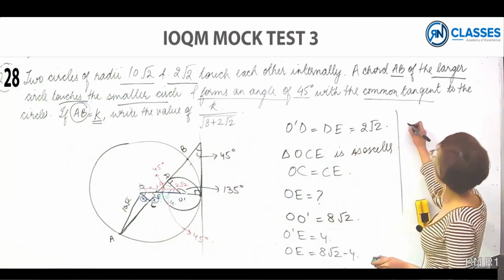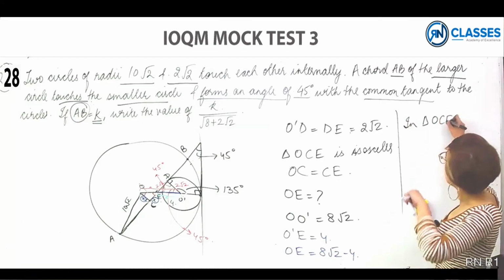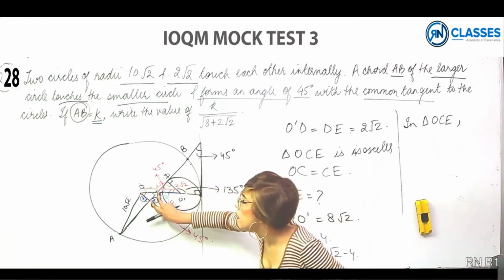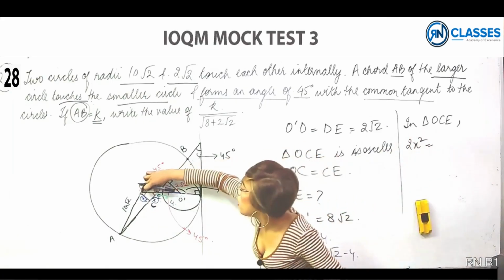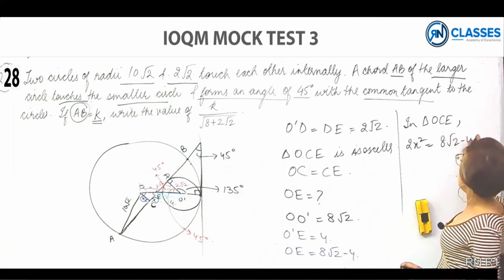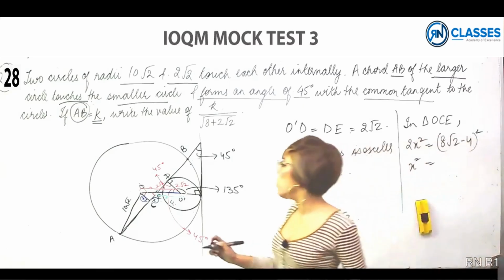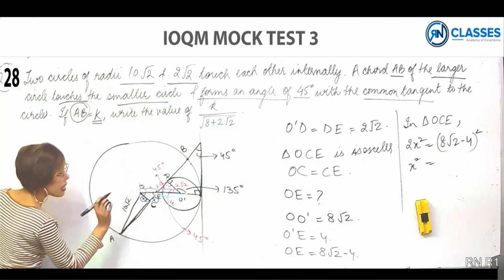So, after some calculation. In triangle OCE, you can say this square, which is X square, plus this square, which is X square, so 2X square, is equal to OE whole square. OE is 8 root 2 minus 4 whole square. Right? You can find the value of X square, right? Because when you apply Pythagoras theorem in OCA, you need X square only.